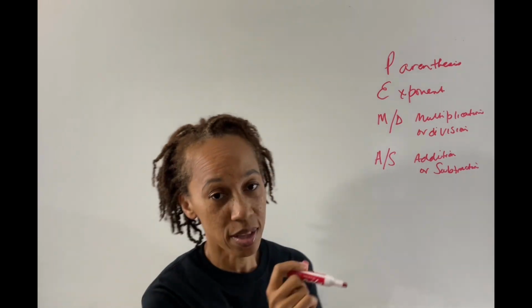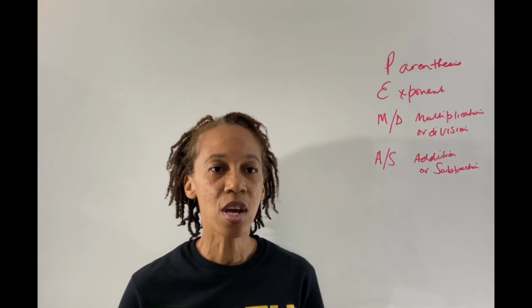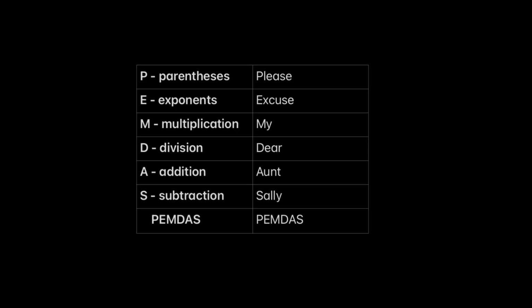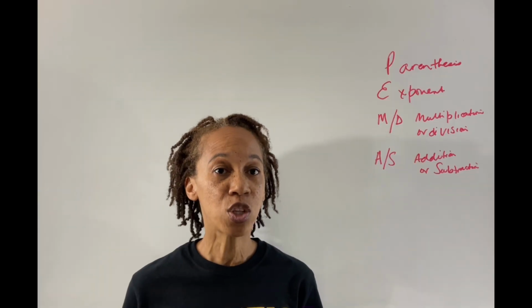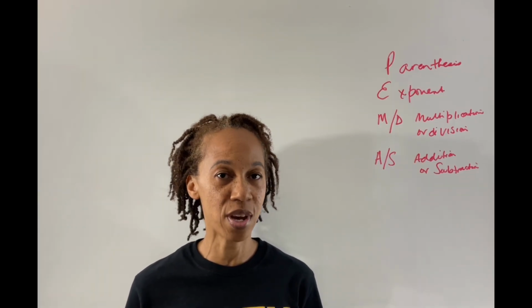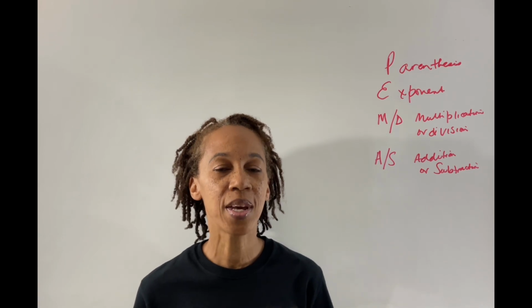So that is what the PEMDAS is about. We use these acronyms as a way for you to remember which operation you have to perform first, or which rule you have to apply first to your expression in order to achieve the correct answer.